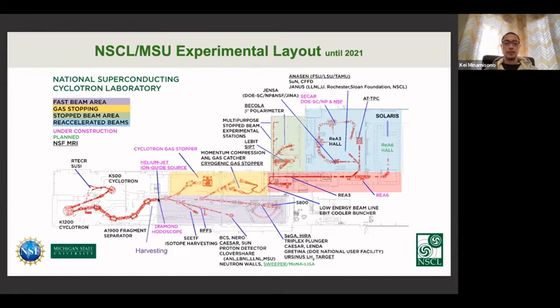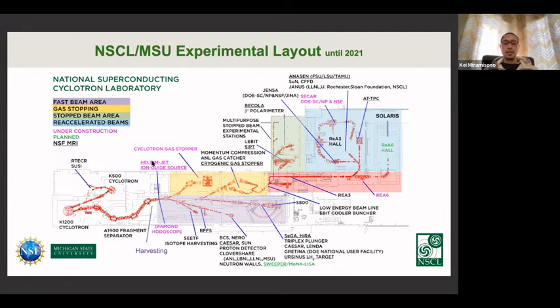Then the prepared nickel 54 was first transported to the gas stopping system, where the fast nickel 54 beam was stopped, thermalized, and extracted at low energy, around 30 kilovolts total. And then from here, the low energy beam was transported to the laser spectroscopy beamline.